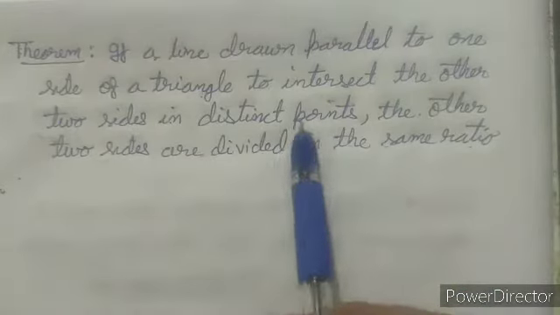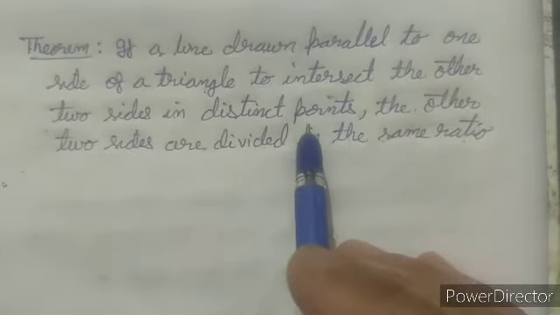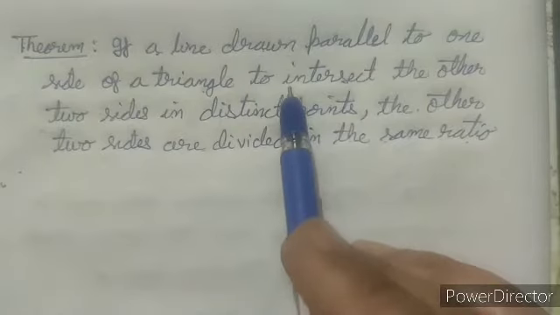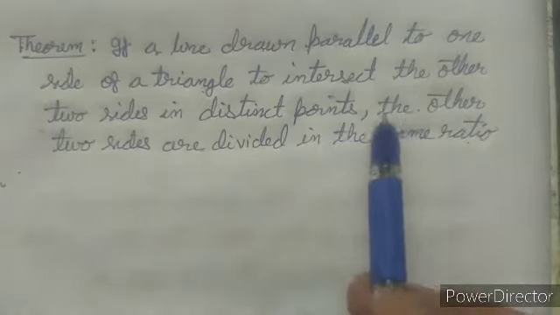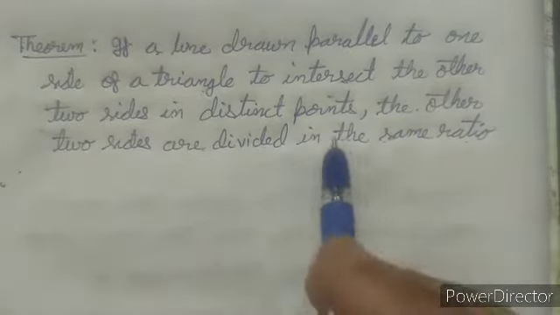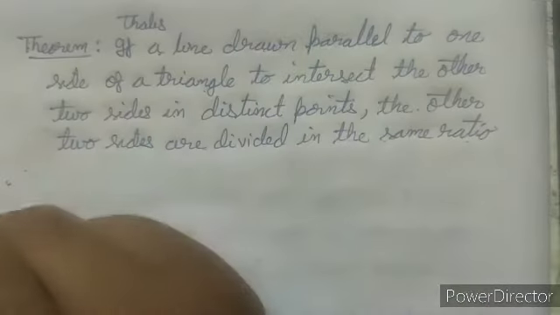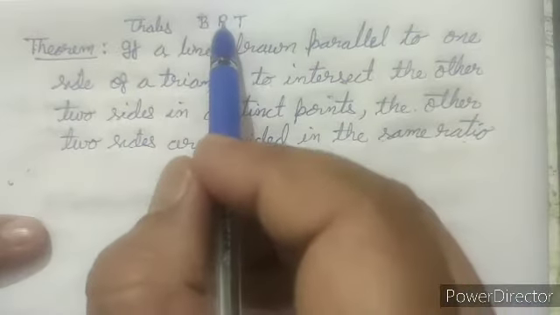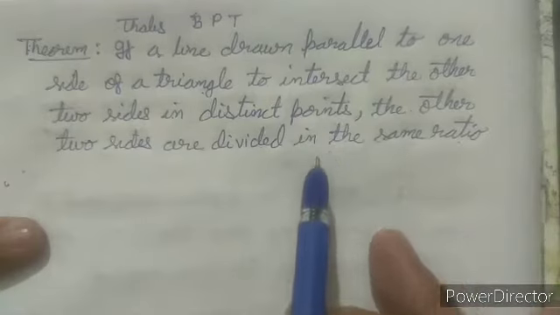We have to prove that if a line is drawn parallel to one side of a triangle, then that line divides the other two sides in the same ratio. This theorem is called Thales theorem, as it was given by Thales, and it is also called BPT theorem or basic proportionality theorem.